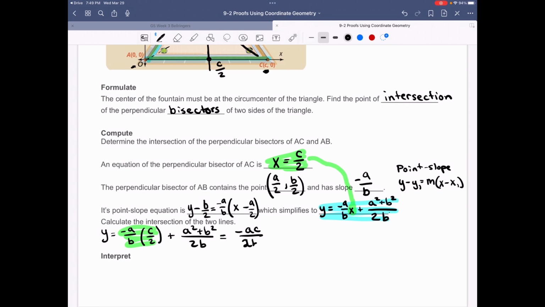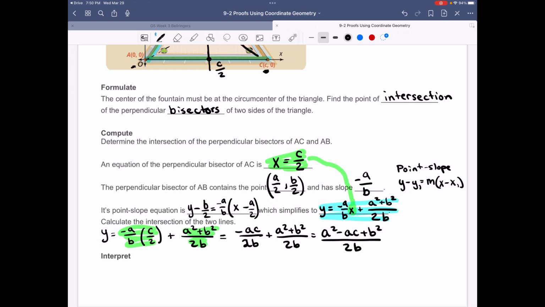And I'm writing it as 2B because the other part of our fraction, this part, is also over 2B. A squared plus B squared is also over 2B. And since they are both over 2B, we can write it as A squared minus AC plus B squared, just putting it all together, over 2B.